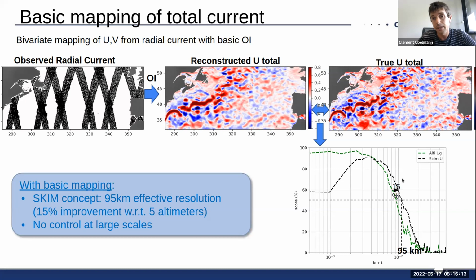Interestingly, we do a slightly better job for short scales, and that's explained because the revisits were a bit higher than those of altimetry. With Odyssey, the revisit would be even much better, and we might expect more than 15%. At large scales, it does quite a poor job because of an issue I'm going to explain in the next slides, and there is no control at large scales.